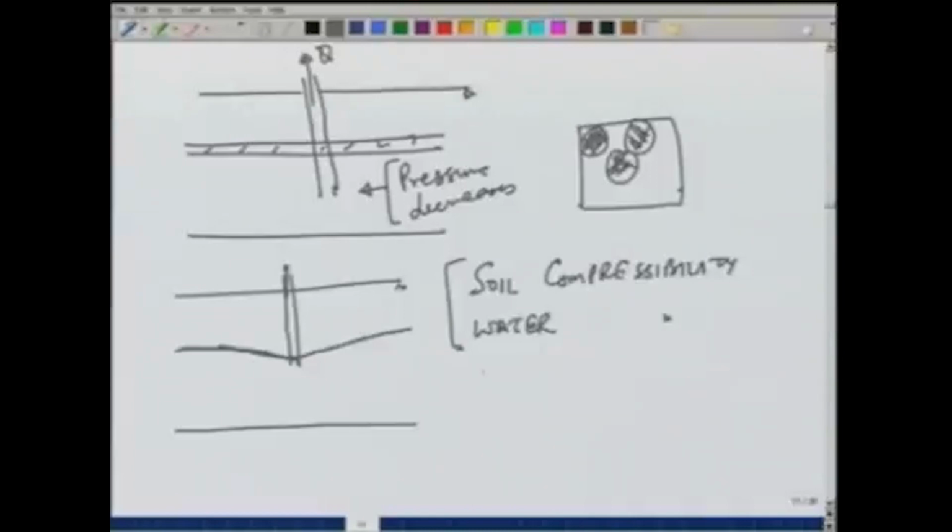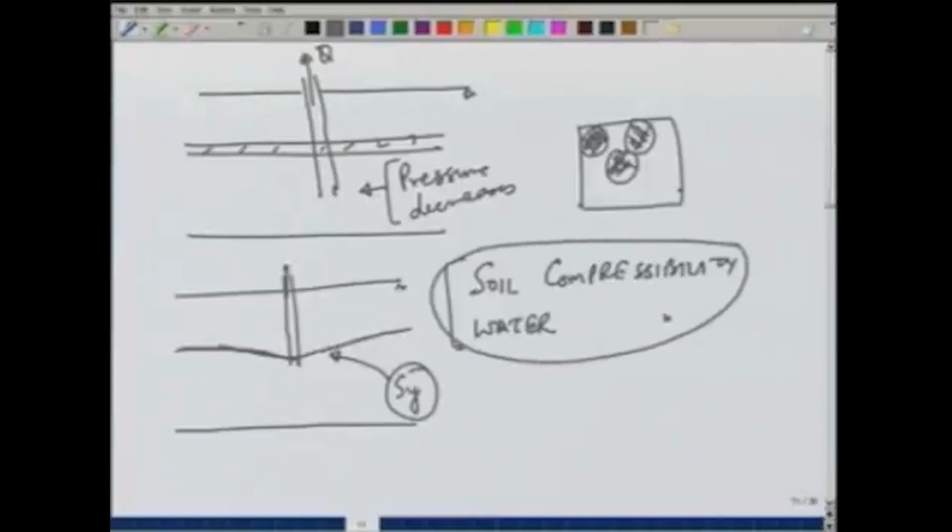Here the specific yield is more important. Specific yield will decide how much water will come out of an unconfined aquifer, but soil compressibility and water compressibility will affect the release of water from the confined aquifer.